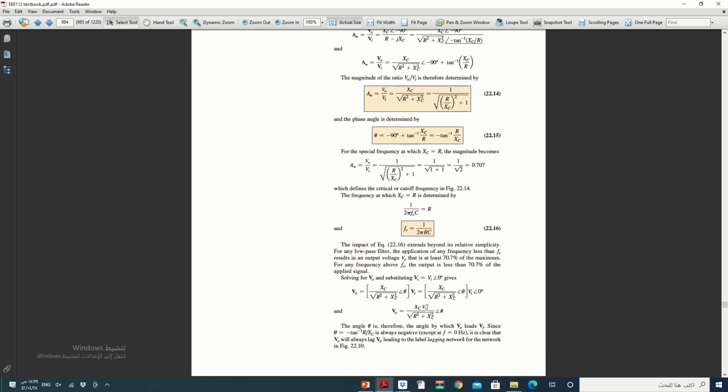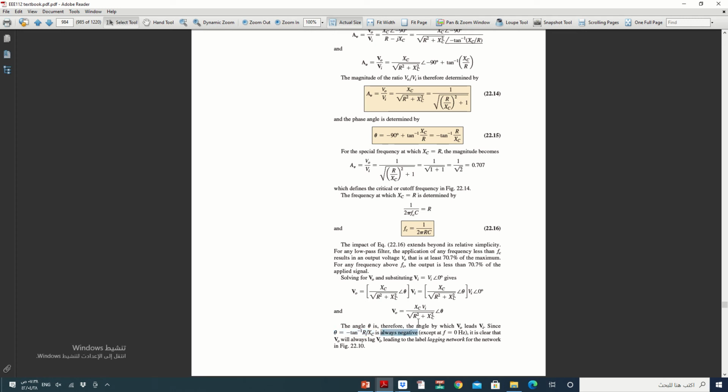Xc multiplied by Vi divided by root r square plus xc square, and the angle theta. The angle theta is the angle between the Vi and V out. And we know that theta is minus tan inverse of r over xc, which is always negative.